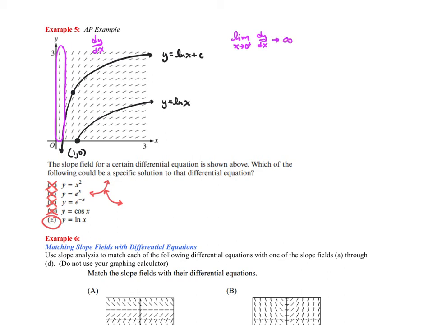Look at these slopes. They're headed toward vertical slopes, which are slopes that do not exist. And then if I look out on the right end, it looks like these slopes are headed towards 0. They're trending to 0.